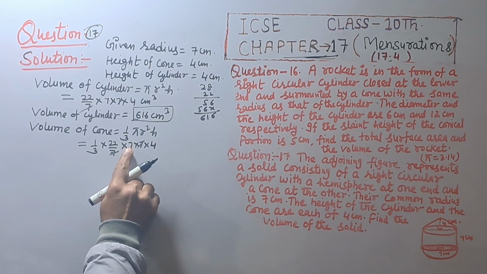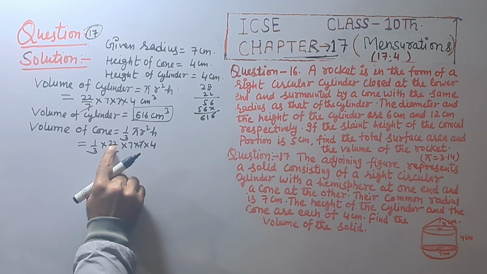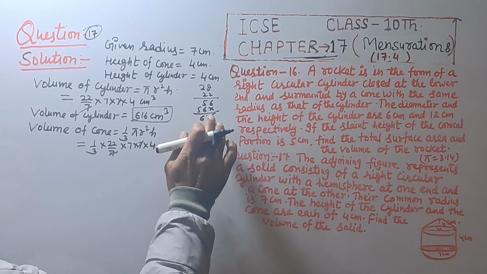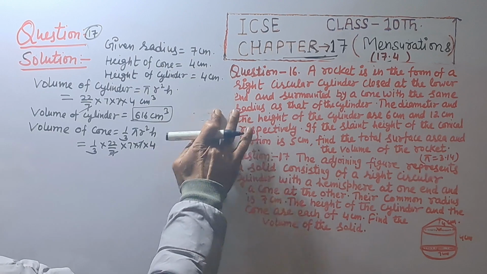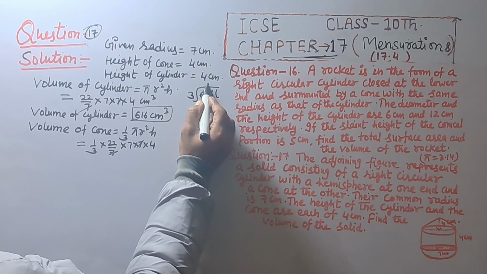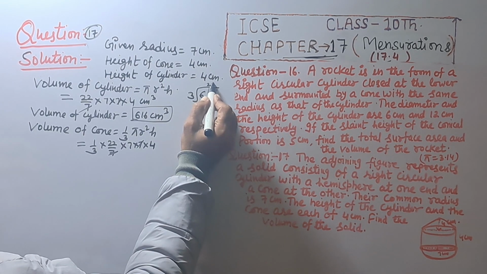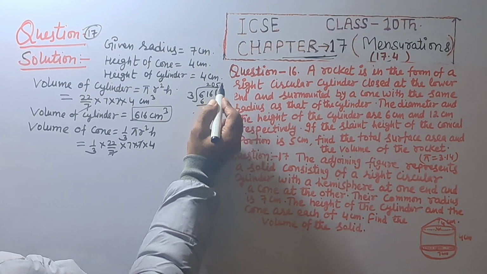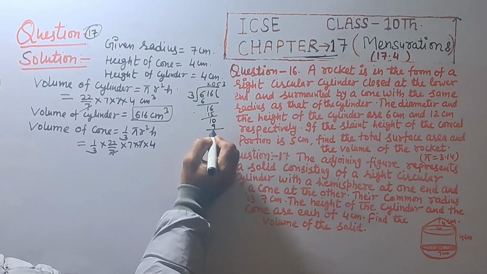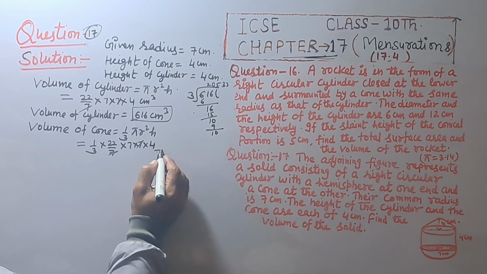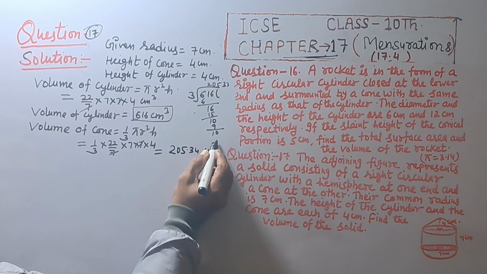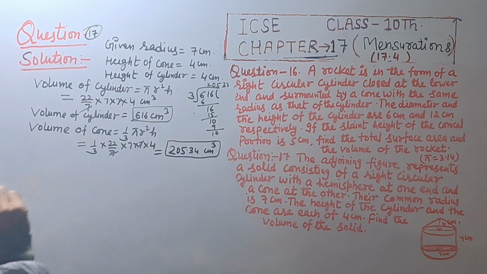And 28 into 22, that is equal to 616, and 616 divided by 3, that is equal to 205.34 approx centimeter cube. It's volume of cone.